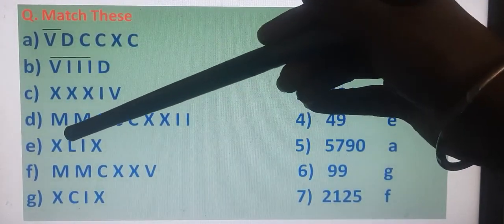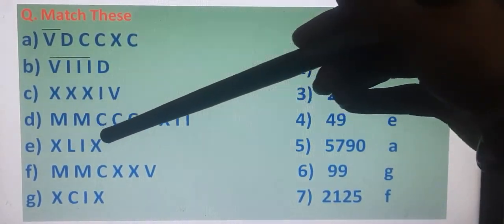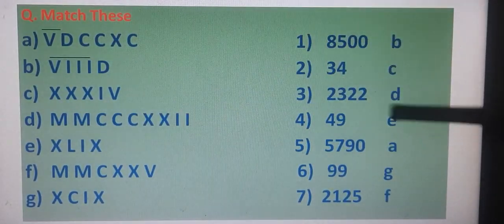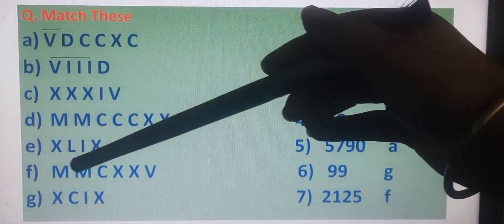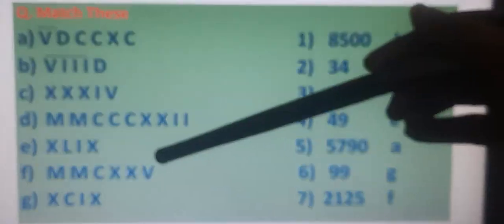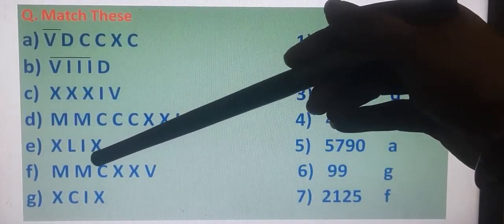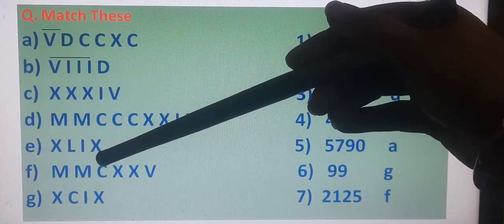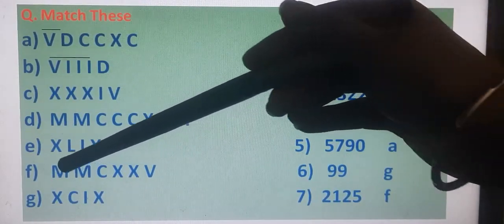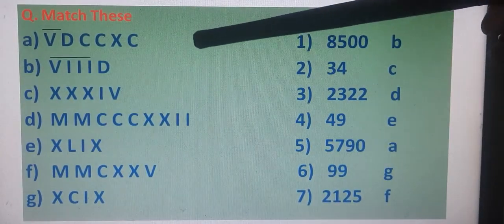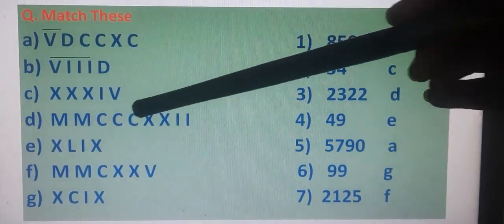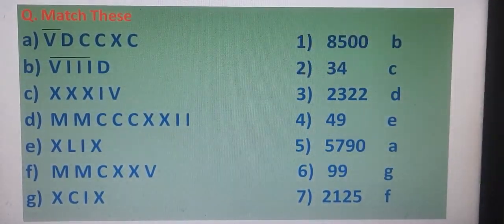Next is XL. XL is 40. 40 plus 9, 49. Next part is MMCXXV. MM, that is 1000 plus 1000, 2000. C is 100.